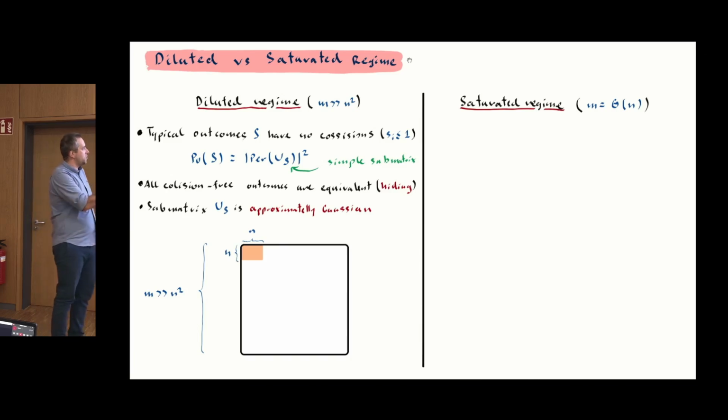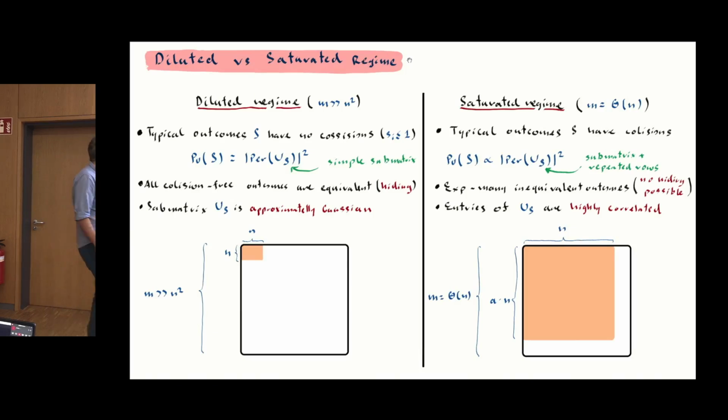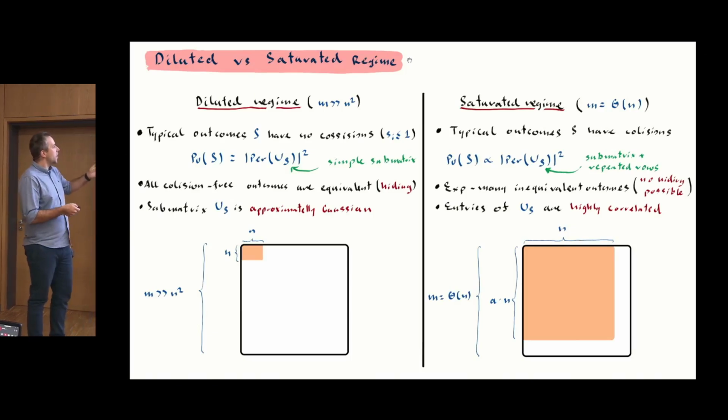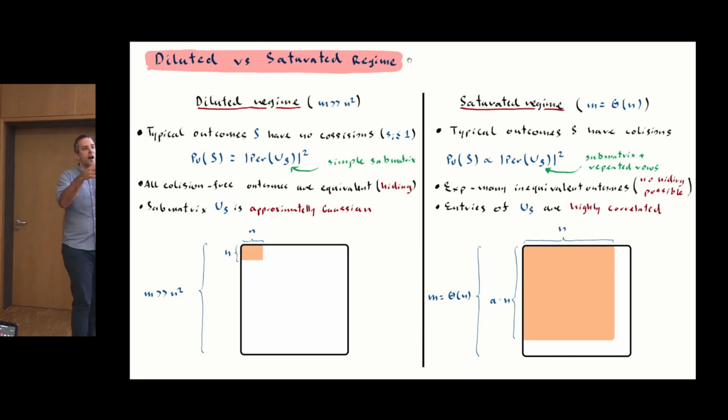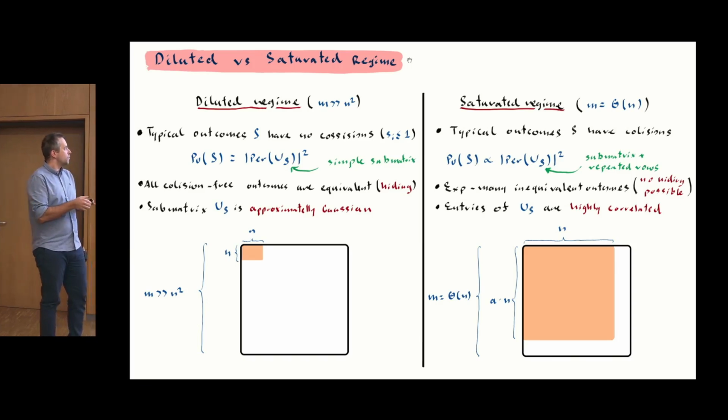But what's the situation in the saturated regime? It's much more complex, because typically you do get collisions, so photons bunch in the output modes. Furthermore, you don't have just permanents of submatrices, but permanents of submatrices with repeated rows.